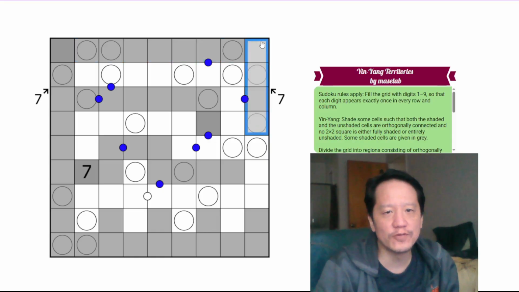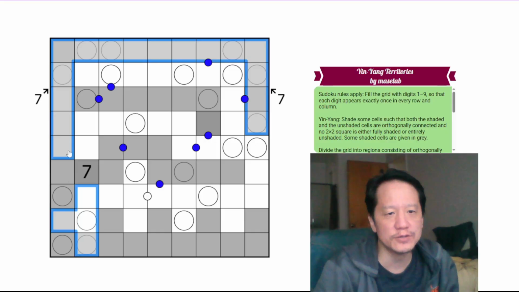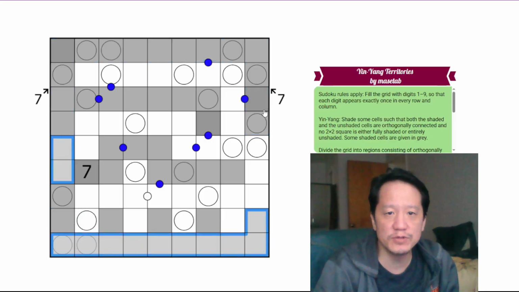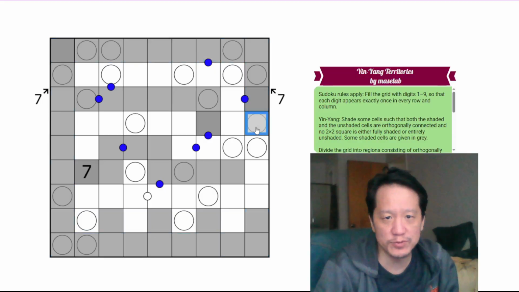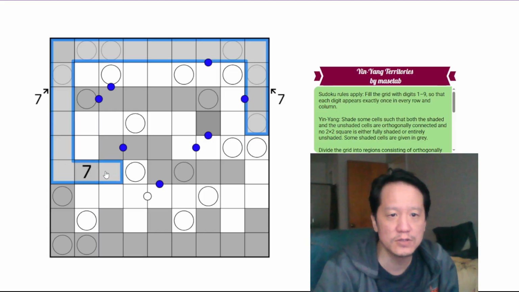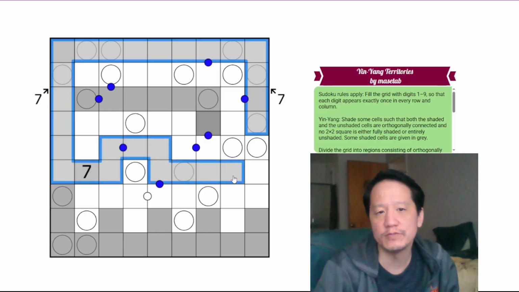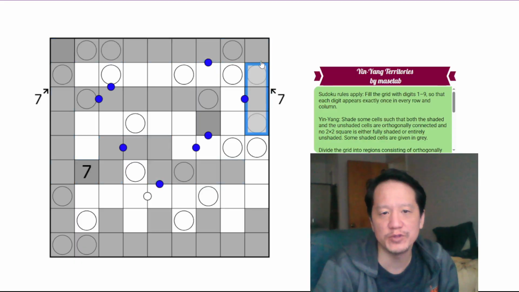That means you can go from any shaded cell to any other shaded cell just by going through edges, all while staying within the shaded region. So, for example, to get from here to here, you would have to go through these edges here, and that would show that that's valid. And you could do that with any two cells that are shaded.